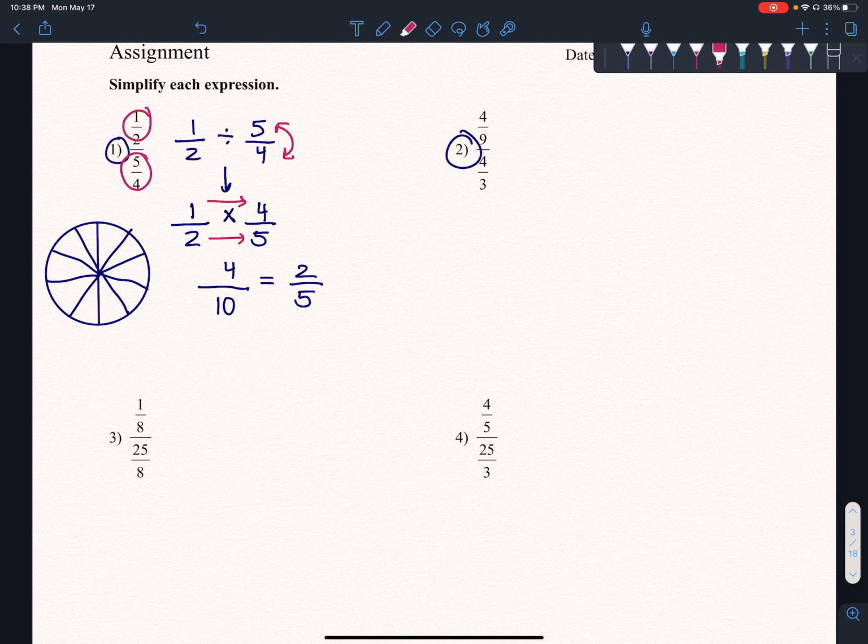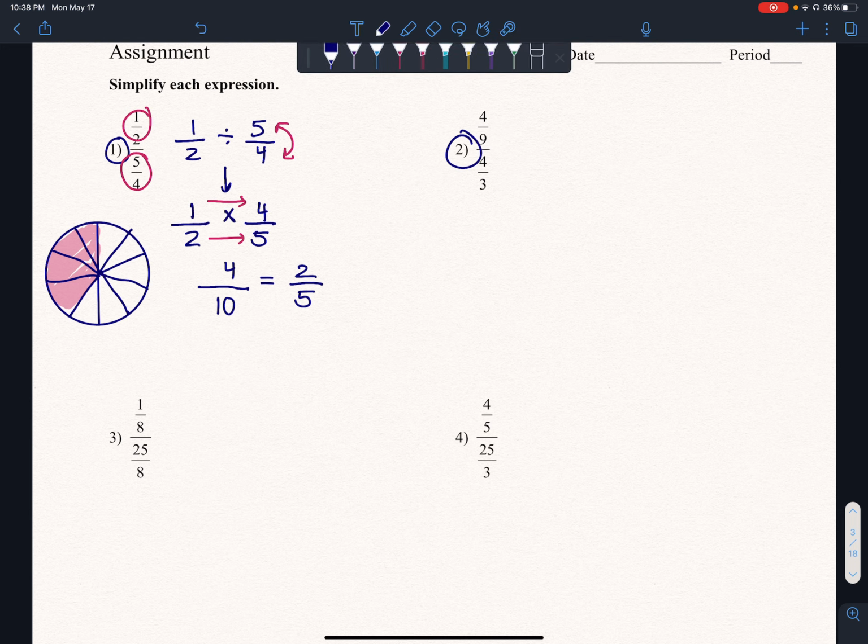So here we have 4, that's the same as if I had erased some of these lines and combined the pizza slices. And then we would have 2 out of 5. Each group of 2 slices got combined, but we haven't changed the meaning of this.